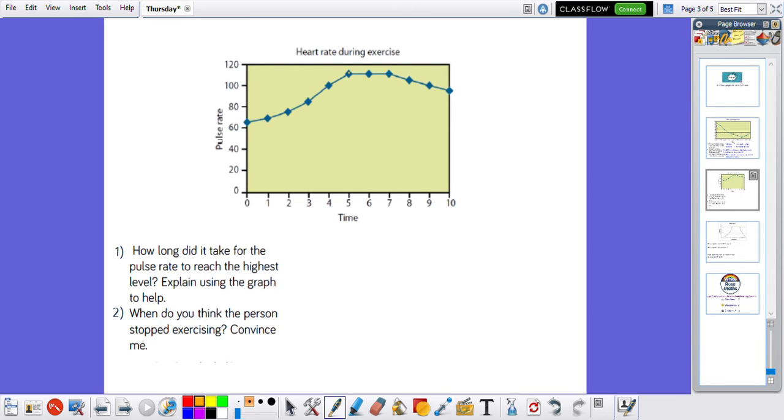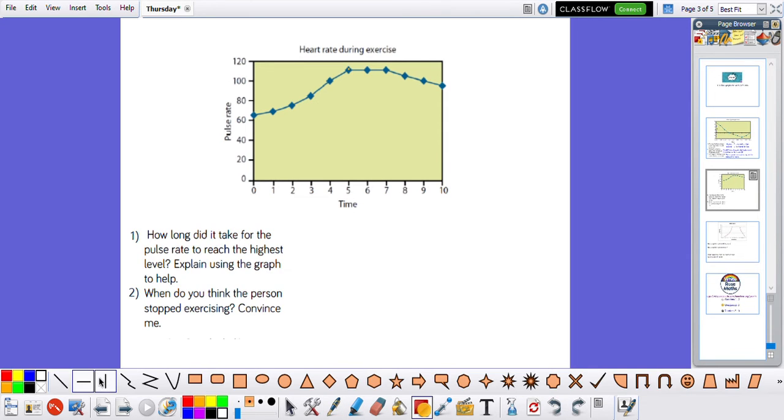Okay, so if I take my ruler line and I go down from that point to find where it hits, it hits 5. So it takes 5 minutes for the person's pulse rate to reach its peak, to reach the highest level.